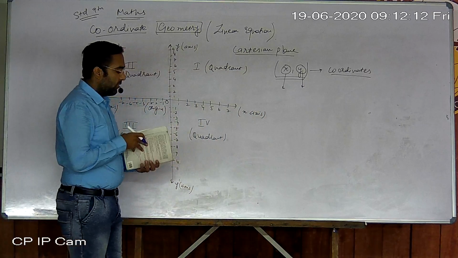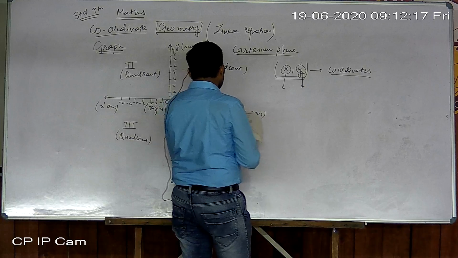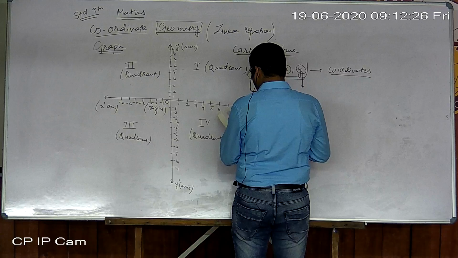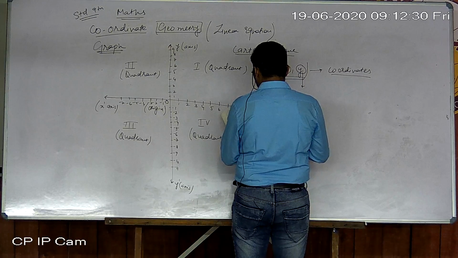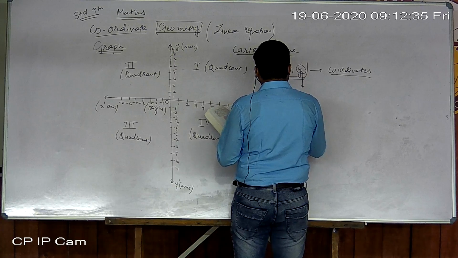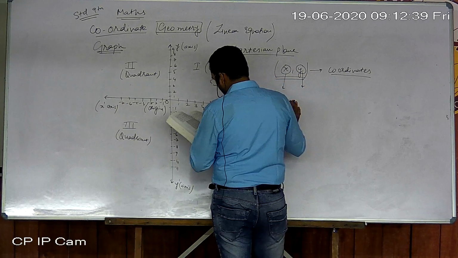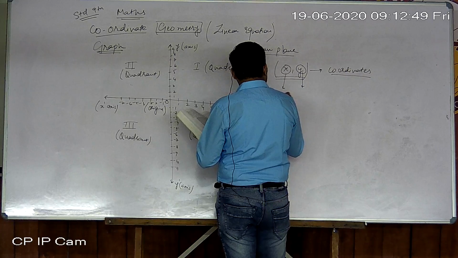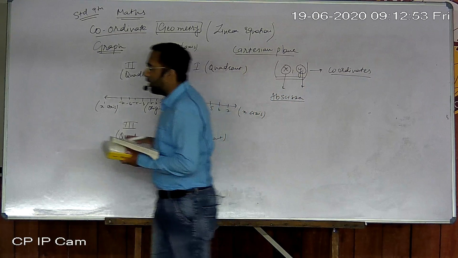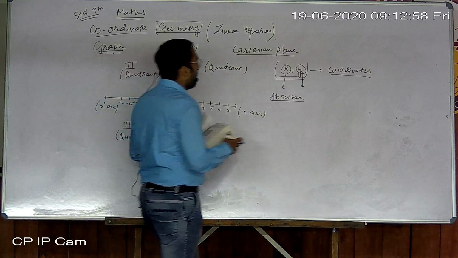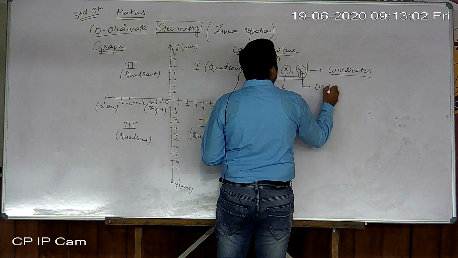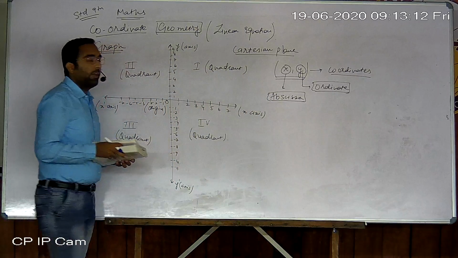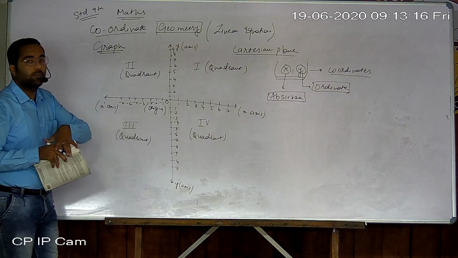The first value, x, we call the abscissa, and for the value of y we call it the ordinate.